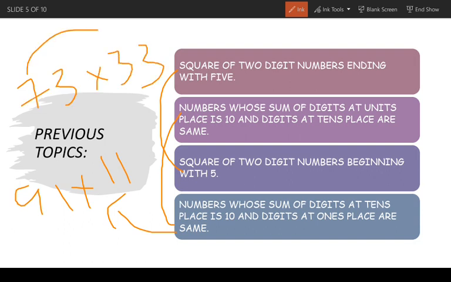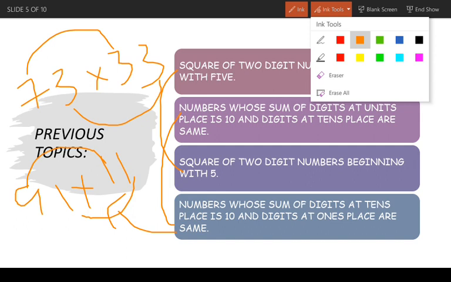At the tens place they sum up to 10, and at the units place they are equal. We have discussed how to solve these calculations in just a few seconds in the previous video lectures, so if you haven't watched them, please go through them.